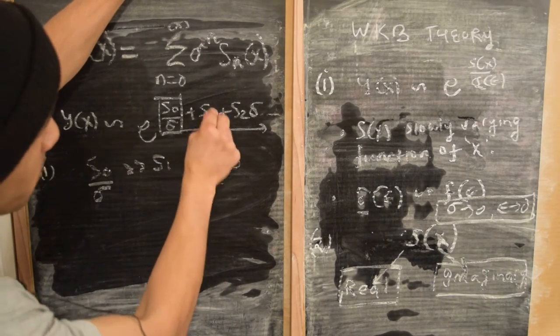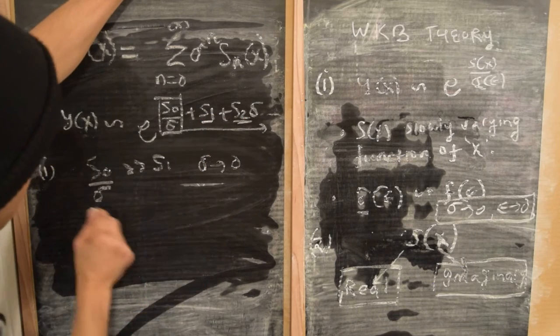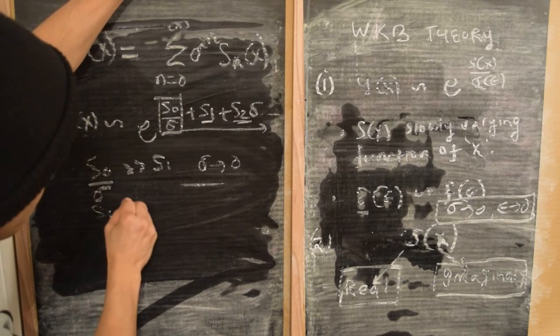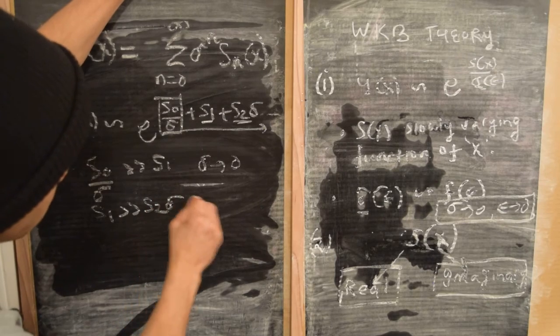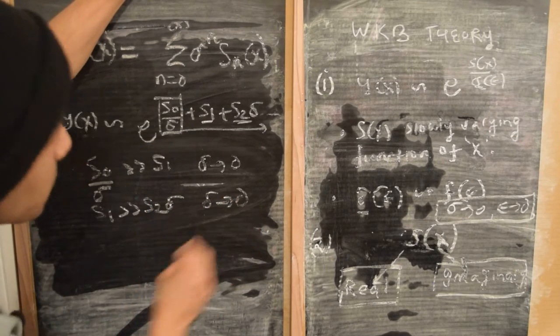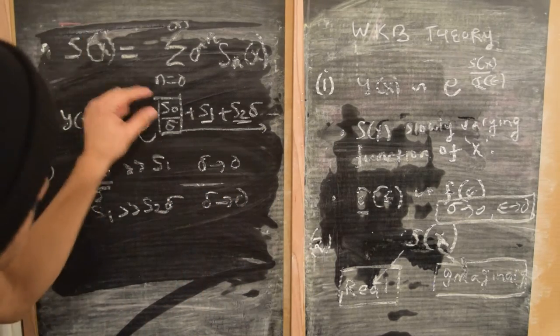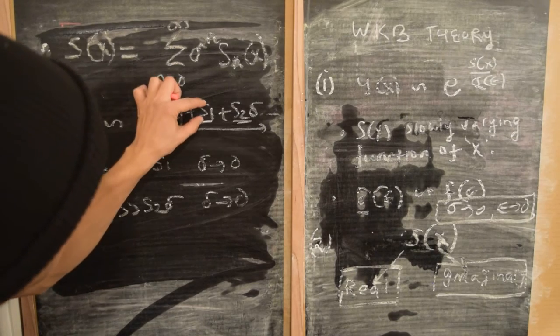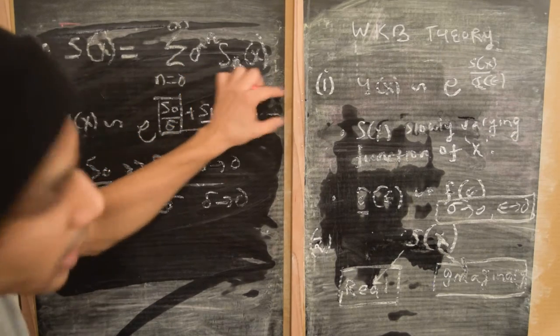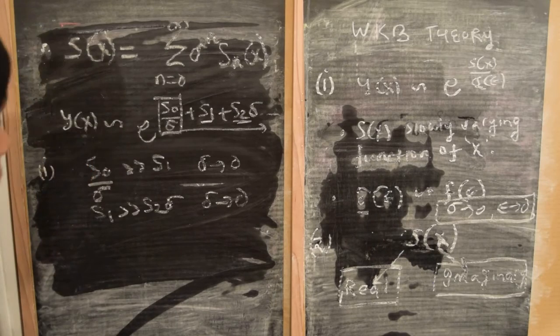In the same way, we are assuming that this term is much greater than this. So S1 is much greater than S2 delta in the limit that delta goes to 0. And so on for higher order terms. We are assuming term by term that this is much greater than this is much greater than this, and so on and so forth.